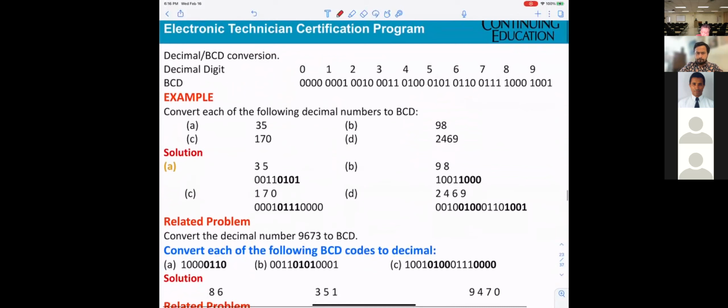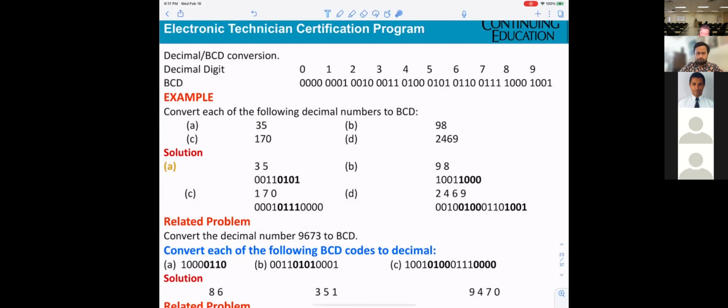Now converting decimal to BCD. BCD stands for binary coded decimal. They require 4 bits for each digit. So you get number 35. You want to convert it to BCD. Then you have to convert number 3.